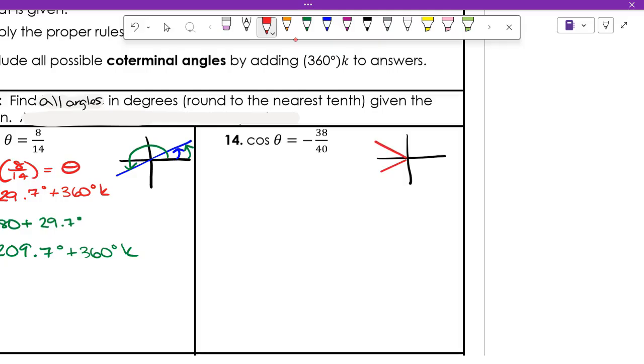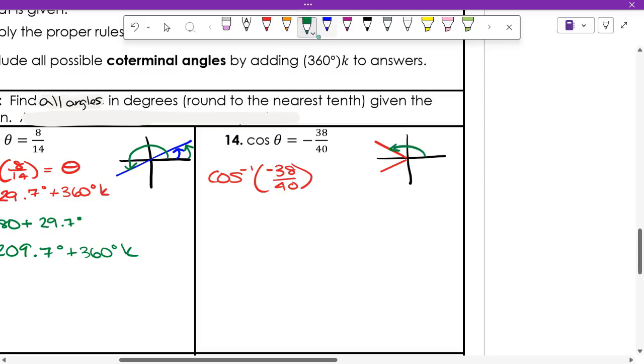Okay, so quadrant 2, quadrant 3, that's where I'm going to have a negative cosine value. And if I turn this into an inverse cosine, so cosine inverse of negative 38 over 40, that'll get me the angle measure of a cosine in my second quadrant. Well, sure enough, the angle measure in my second quadrant would be this angle measure right here. So it's going to get me all of that.